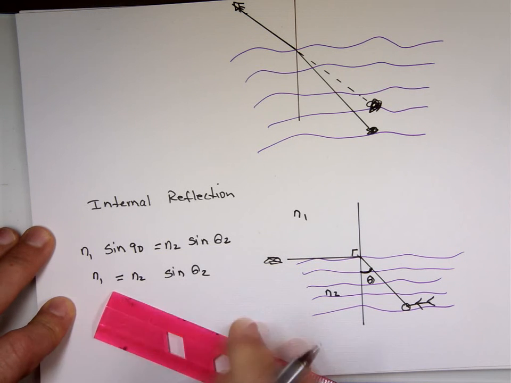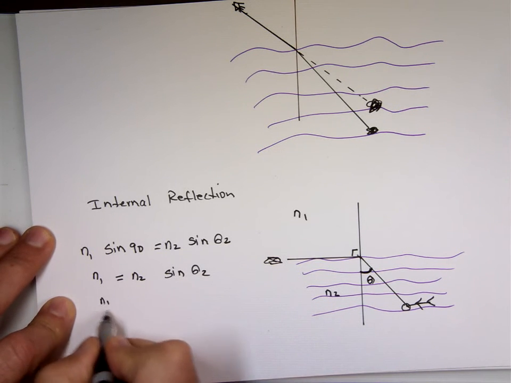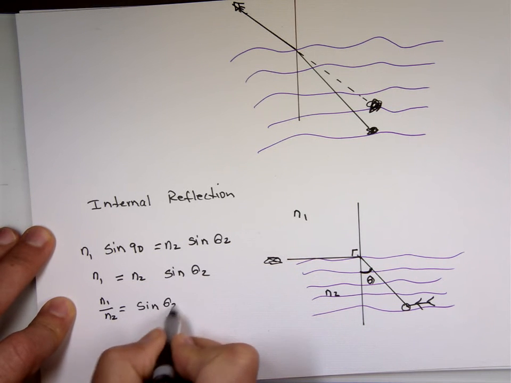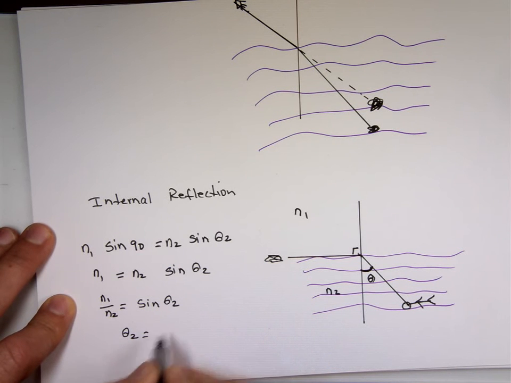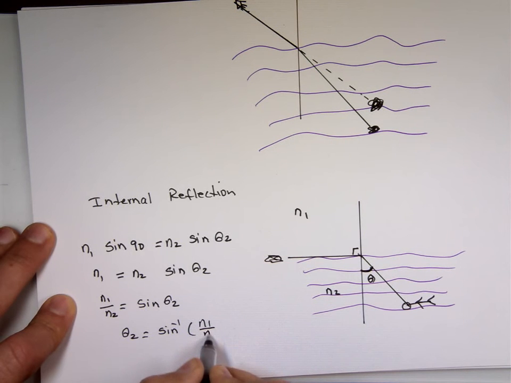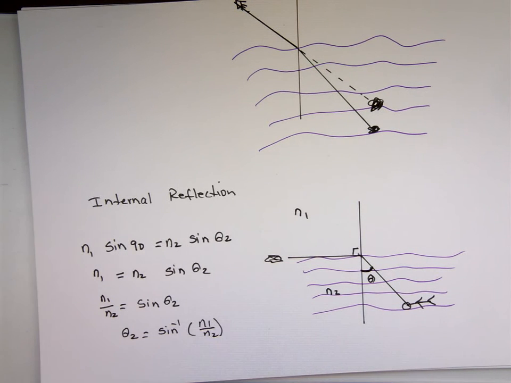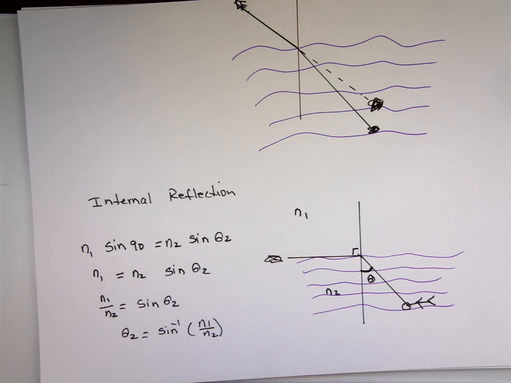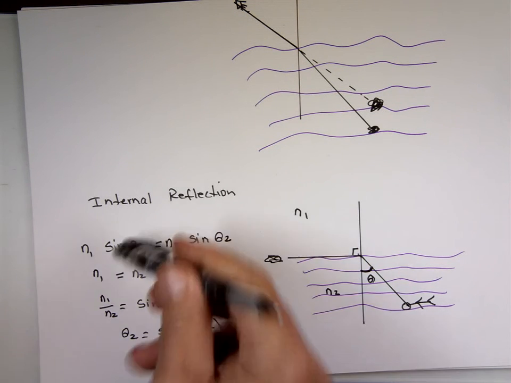And if you know N1 and N2, if you divide them, you want theta 2 to be the inverse sine of N1 over N2. And that will give you internal reflection, where the reflection comes out even with the horizontal, straight in the x direction. So it's really the same equation, it just looks like this. We took sine theta 1 out, and the reason we took sine theta 1 out is because sine of 90 degrees is 1. So that's the only difference between them.